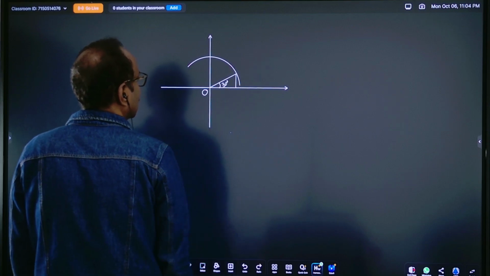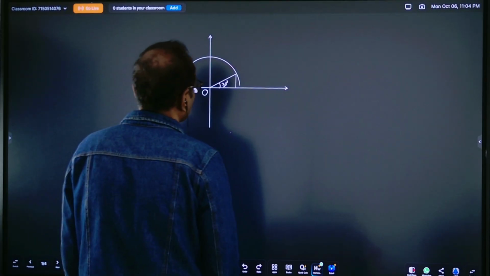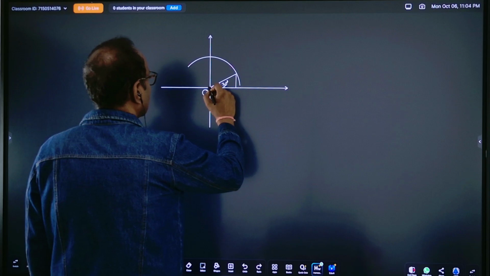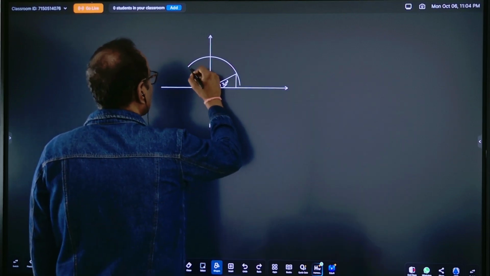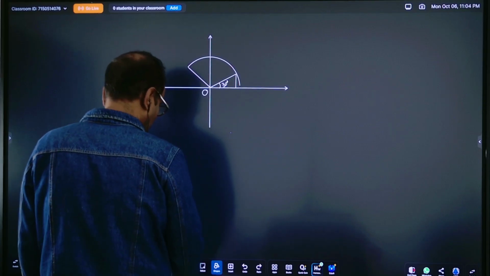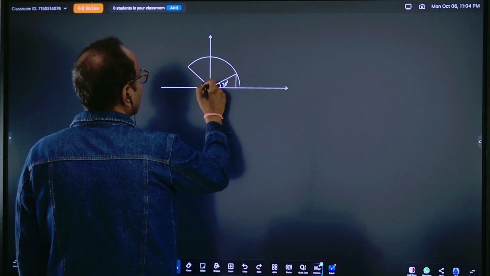This angle is 30 degree. This total angle is 120 degree.